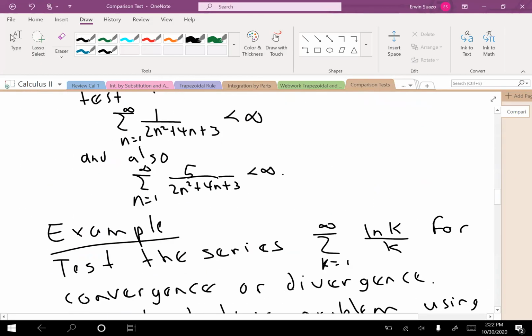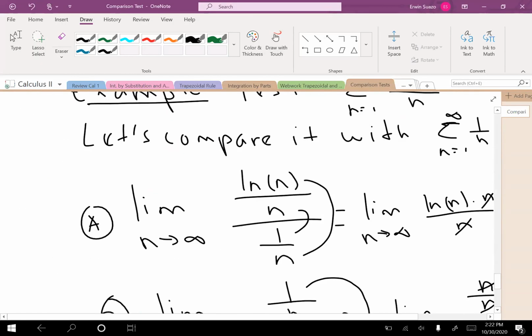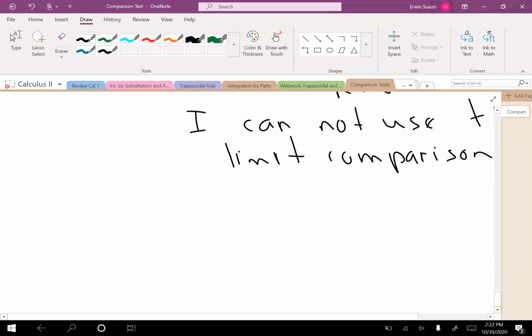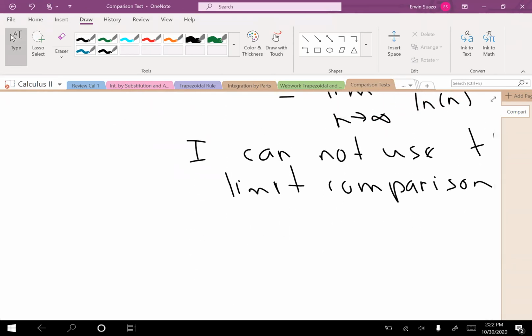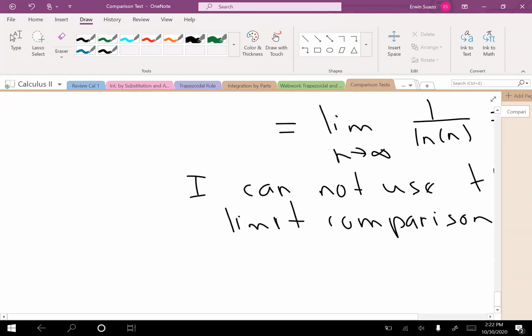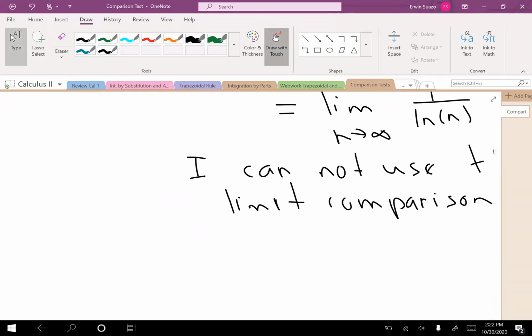So let me put it here. Well, let's check first how we solve it, and then we discuss why I cannot use comparison tests. So, example.